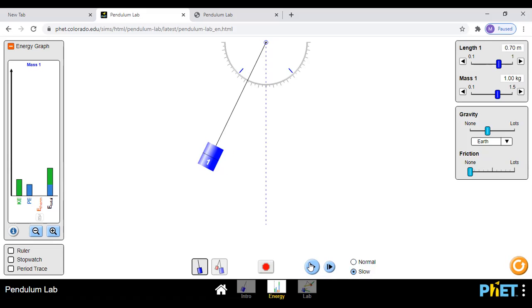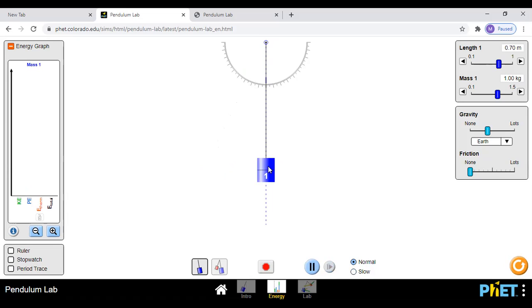So this is now, we consider it almost zero potential because this is the bottom, minimum point, no height. We consider it relatively, this is a zero height. So the potential energy, if you pay attention here, is almost zero, but it should be maximum kinetic energy.